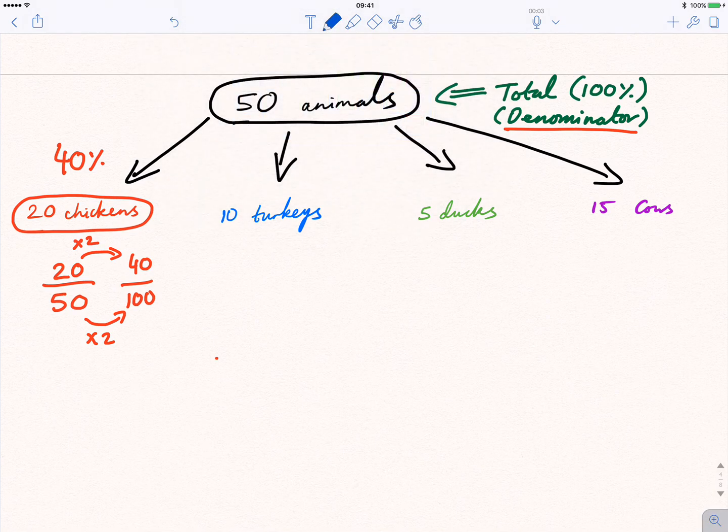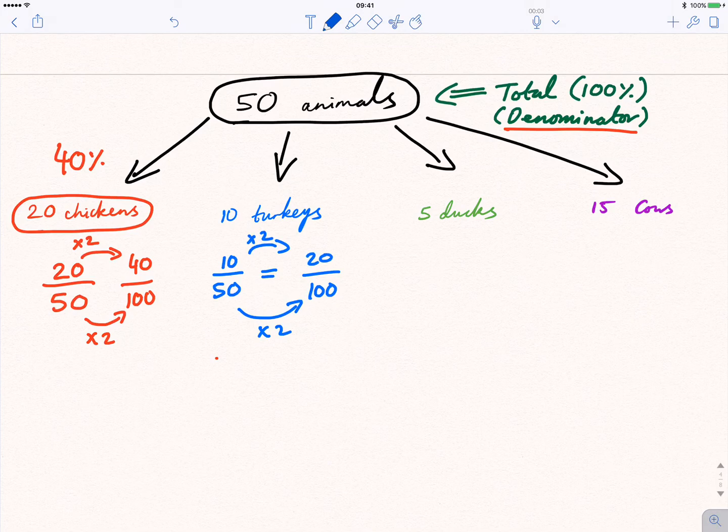Now we need to do the same for the turkeys. Now the turkeys are 10 out of 50. Once again, we need to convert the base into 100, multiply that by 2, and multiply the numerator by 2, that's 20 out of 100.